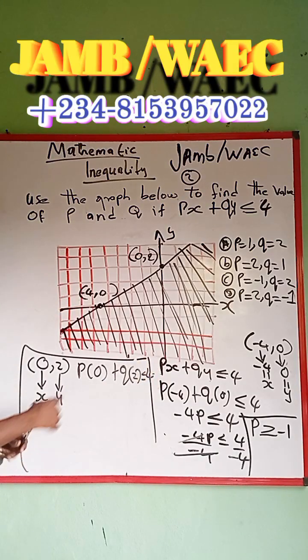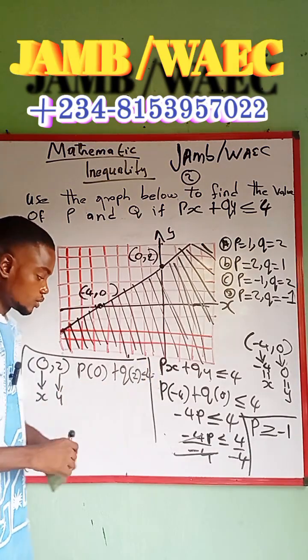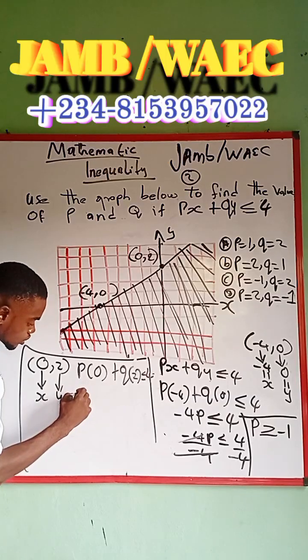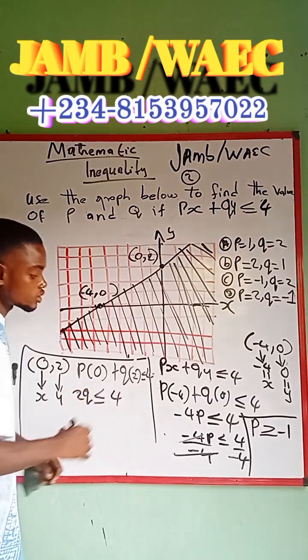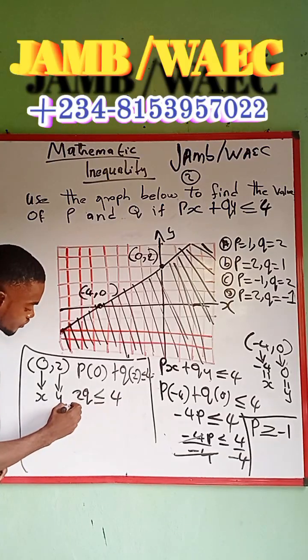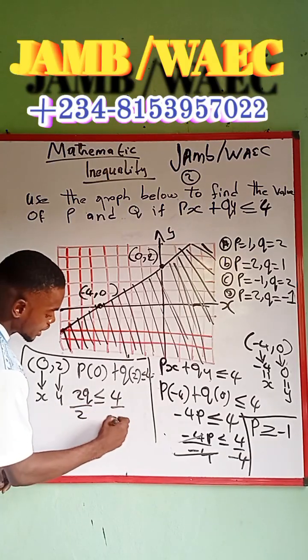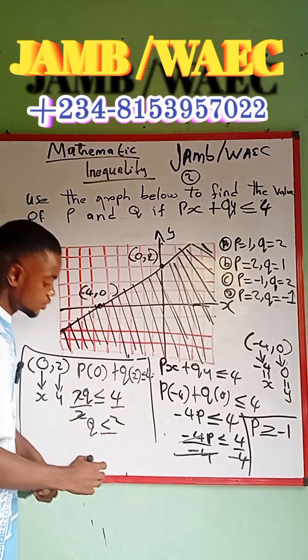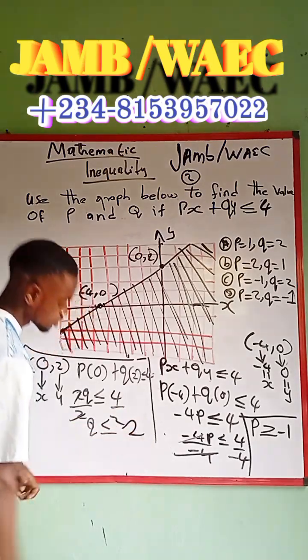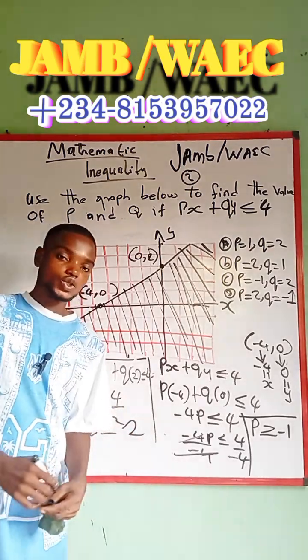Now we continue solving: P multiplied by 0 is 0. Q multiplied by 2 is going to give us 2Q, and this is less than or equal to 4. So here we divide by the coefficient, which is 2, on both sides. Now Q is less than or equal to 4 over 2, which is going to give us positive 2.